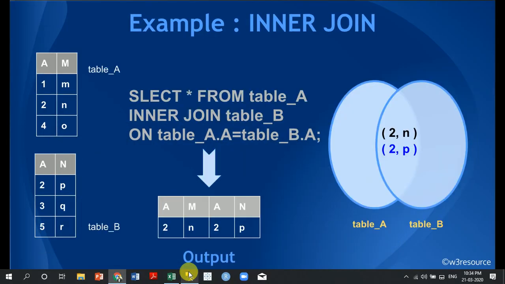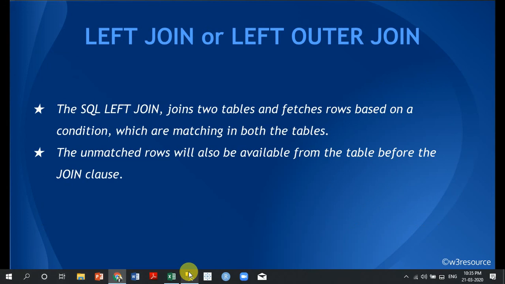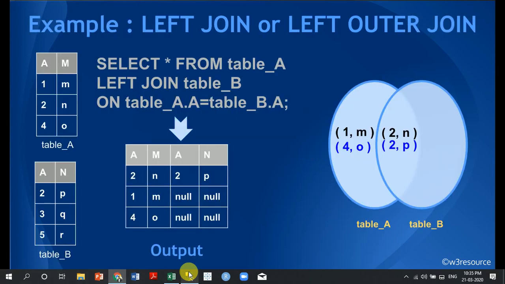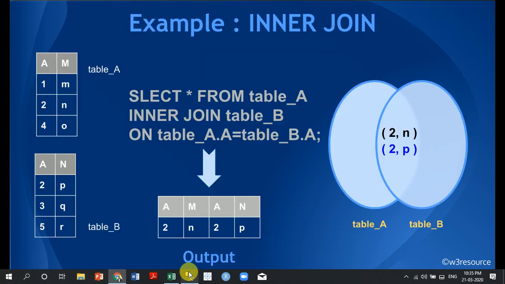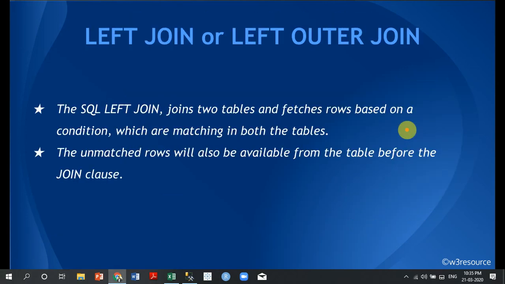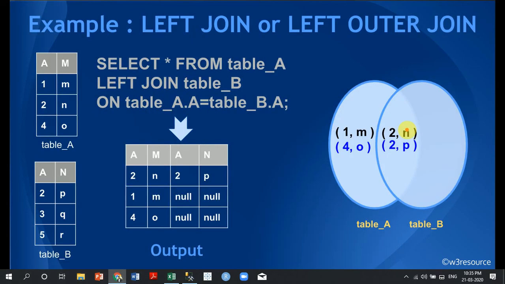Now inner join, as we have already discussed, how we can perform inner join. We have discussed left join or left outer join. Try to recall the concept. What will inner join do? It will give us the common records from both the tables. What will left outer join do?